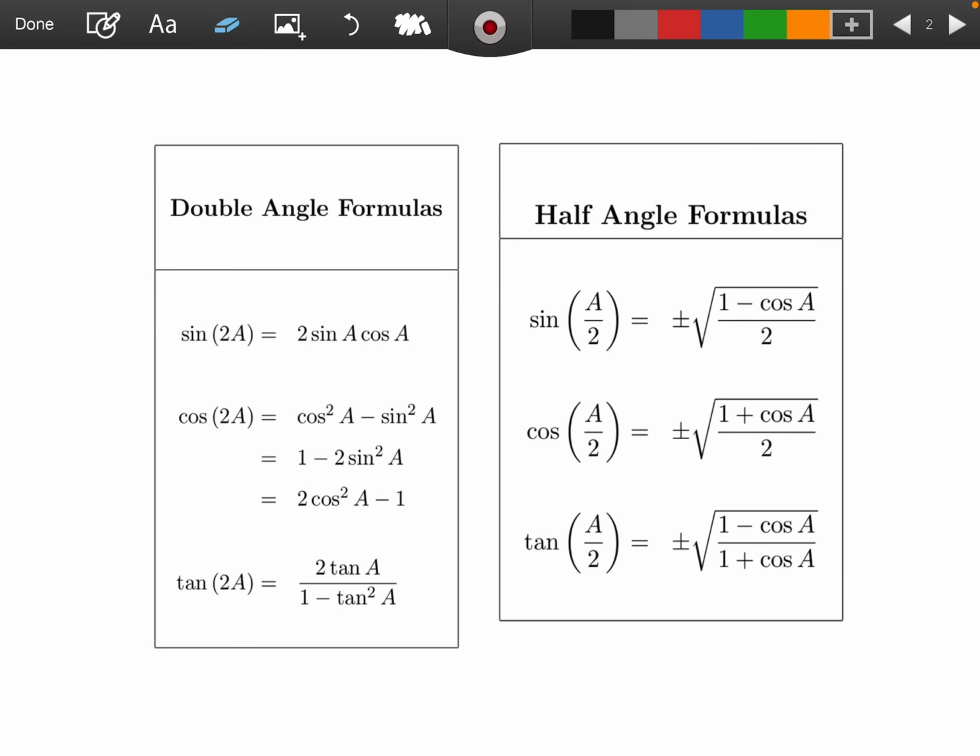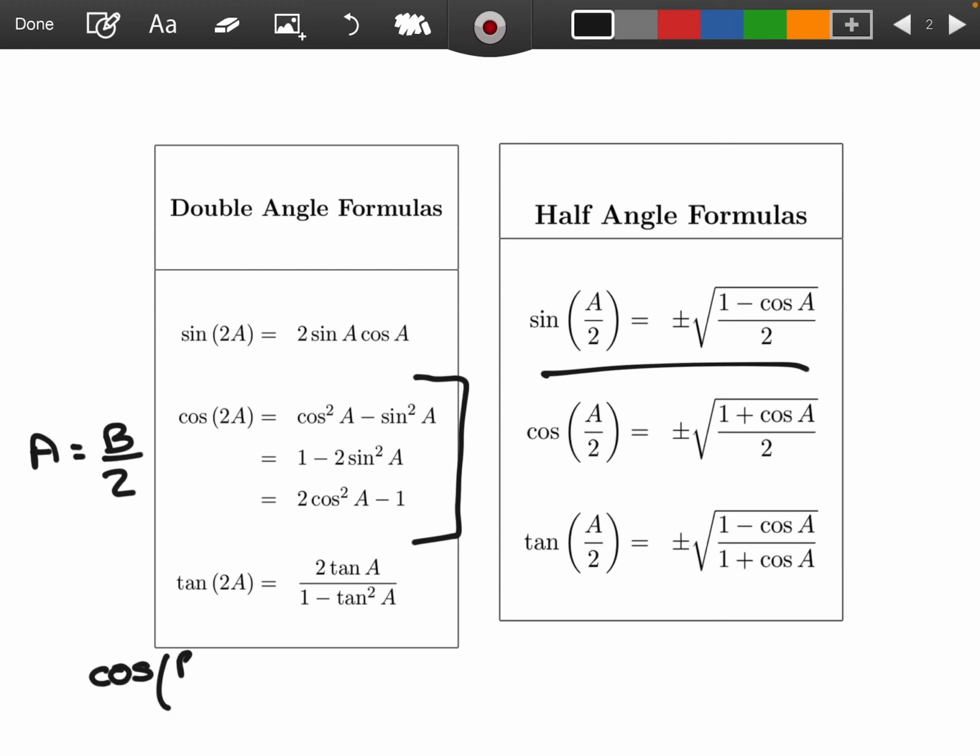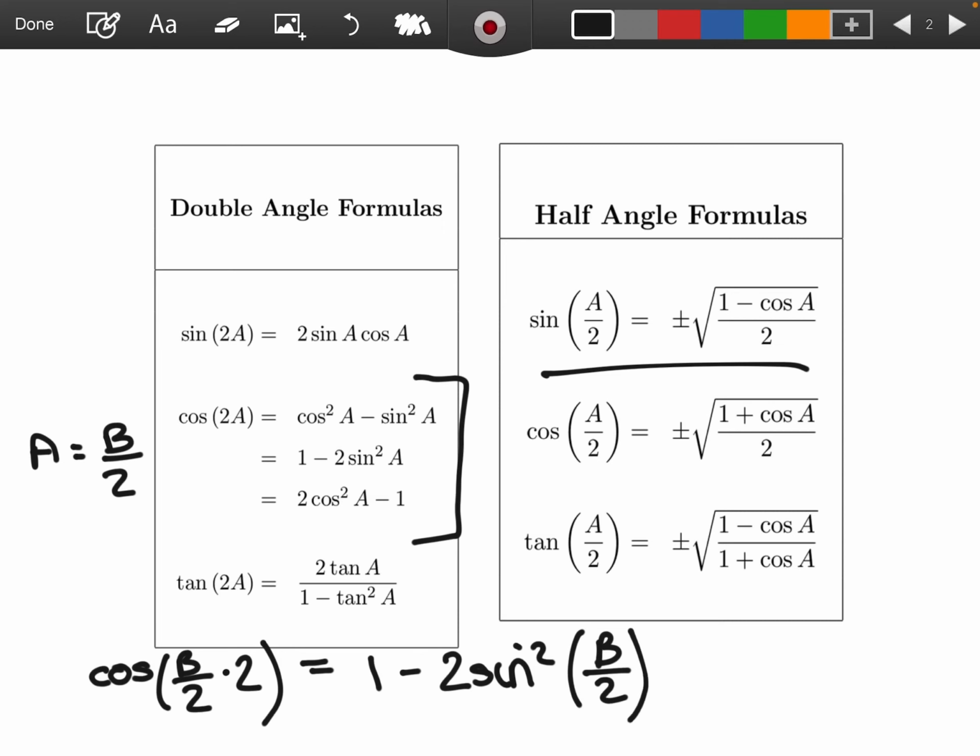Where do my half angle formulas come from? Well, they actually come from this double angle formula that we have here for cosine. If I set a equal to b over 2, let's say I'm looking for this half angle formula, I would get cosine of b, which is 2 times a, equal to 1 minus 2 sine squared of b over 2.